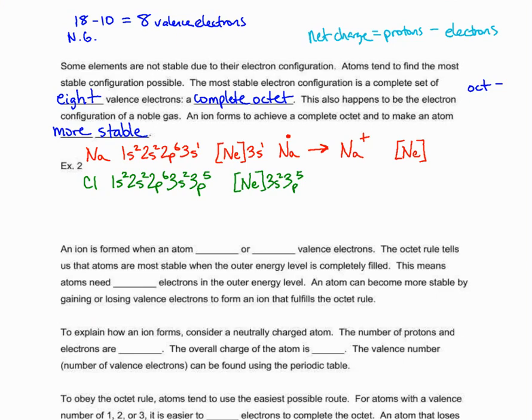Its electron dot diagram, 1, 2, 3, 4, 5, 6, 7. Here it is. It's showing 7 valence electrons, just like the noble gas configuration is showing us 7 valence electrons.